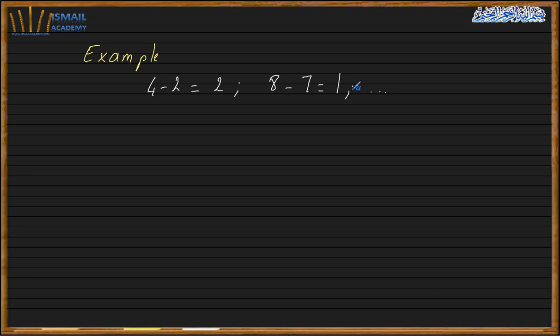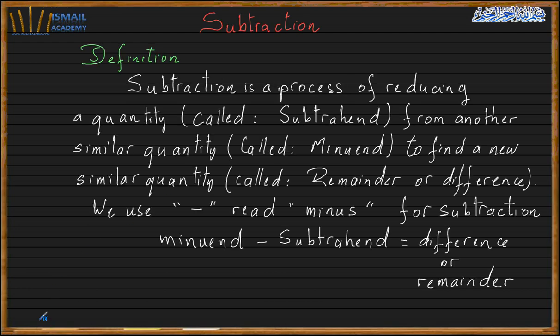Now, as you see from the definition, subtraction is a process of reducing a quantity from another similar quantity. So how can we apply this to numbers?